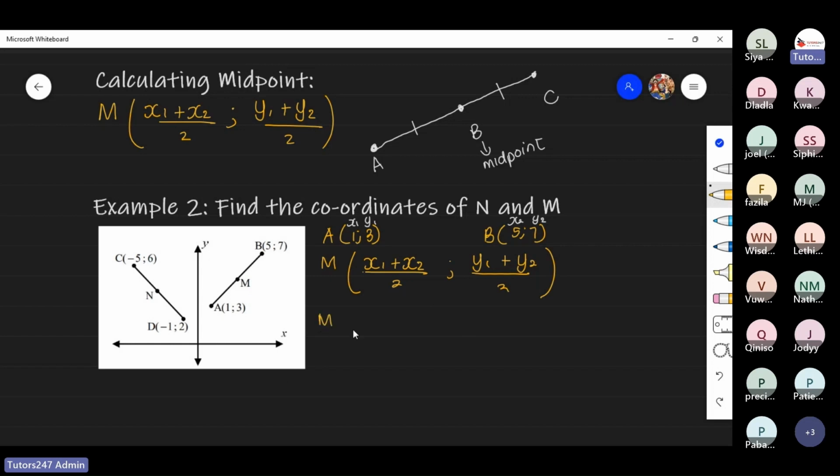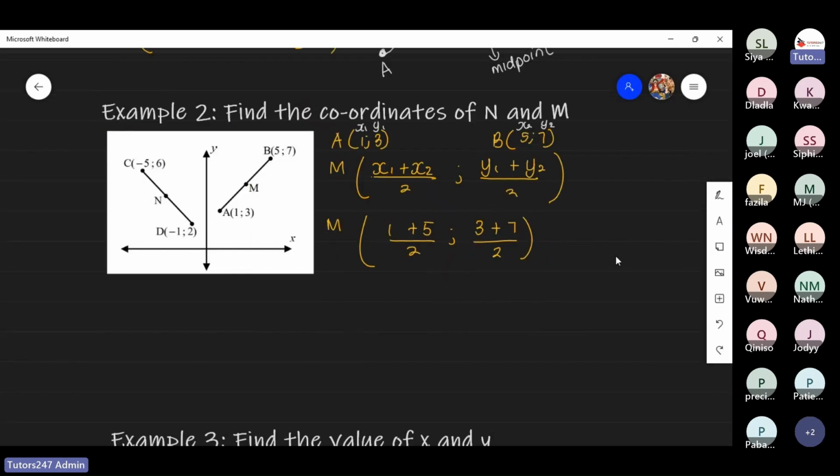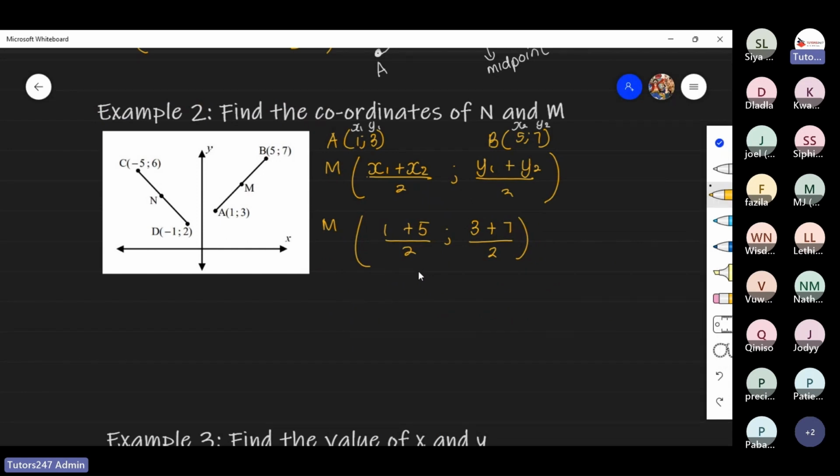So I'm going to bring down M. My x1 value is 1. My x2 value is 5, all over 2. My y1 value is 3, and my y2 value is 7. That is all over 2. From here, I can now simplify this on my calculator.